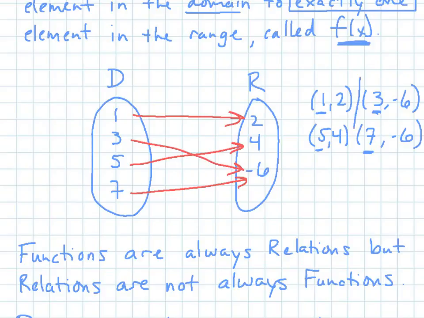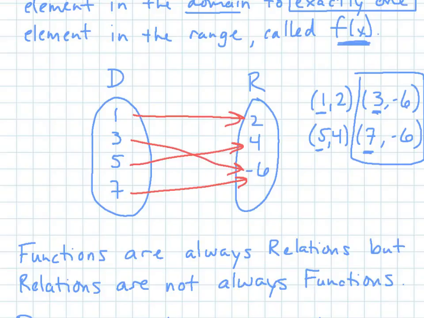Now, I know that 3 goes to -6 and 7 goes to -6, but that's okay, because they're mapping to exactly 1. It doesn't matter if they're going to the same one, it's that 3 only goes to one number on the right, and 7 only goes to one number on the right.